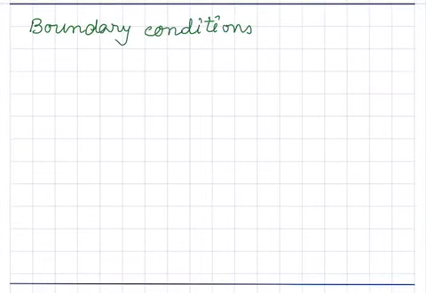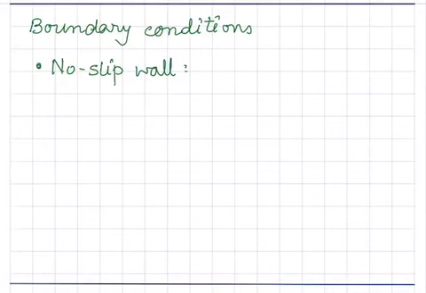One is at the wall, which is a no-slip wall, and the question is what happens to k and epsilon at the wall.